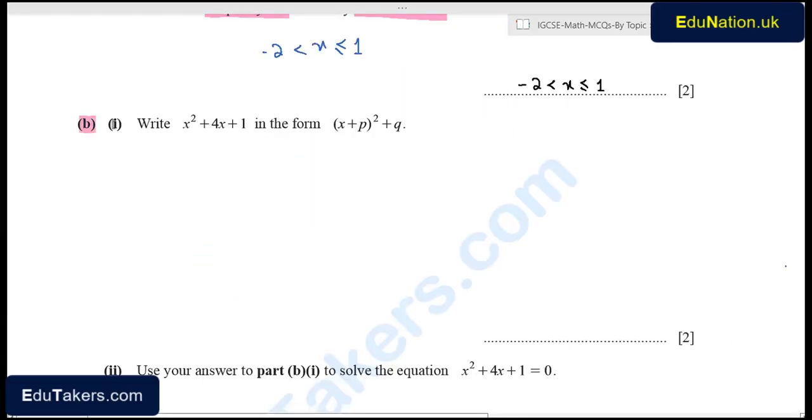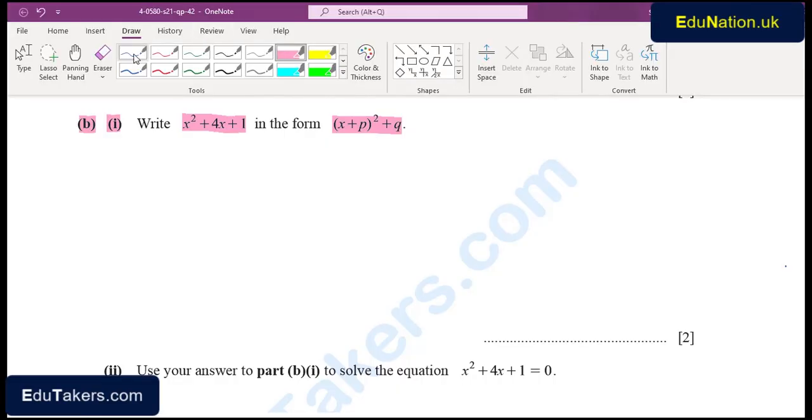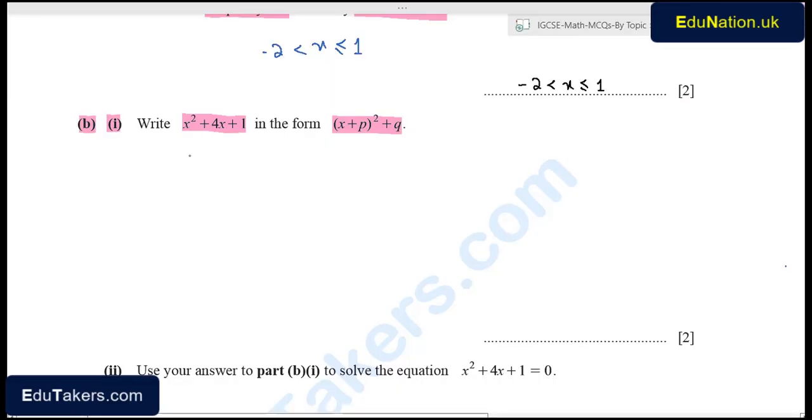Next is part B, I. Write x² + 4x + 1 in the form (x + p)² + q. This is x² + 4x + 1, and this is equal to x² + 4x.